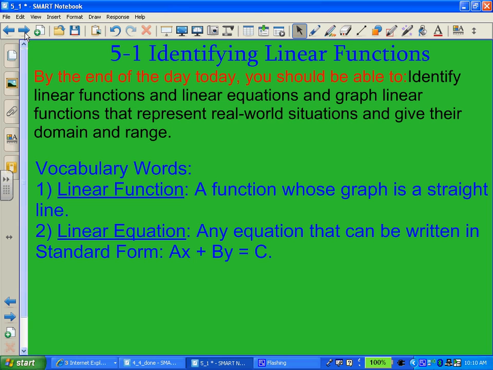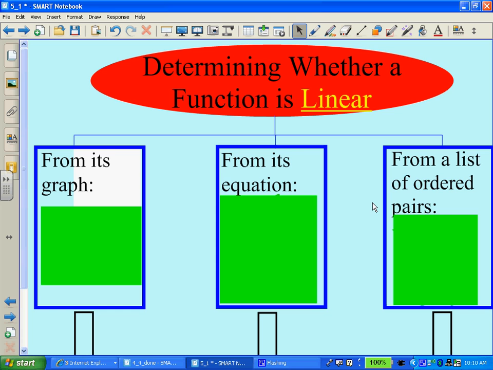So we're going to split this section up into two parts, determining whether a function is linear from its graph, from its equation, and from a list of ordered pairs. In this video we're just going to cover graphs and ordered pairs, and then in the next part 2 video we'll talk about how do we know from its equation whether a function is linear.